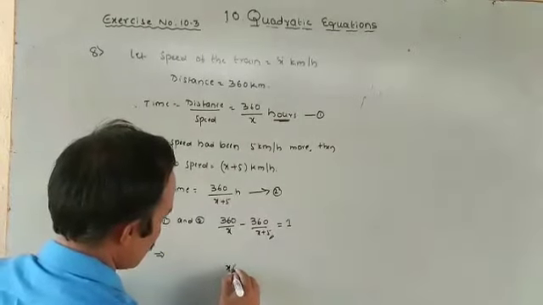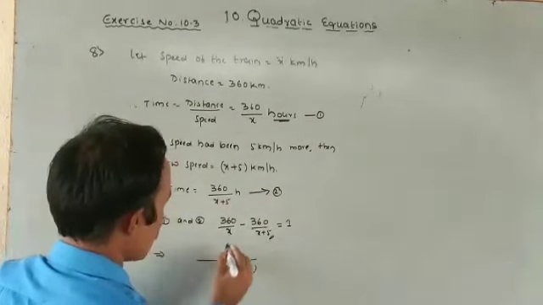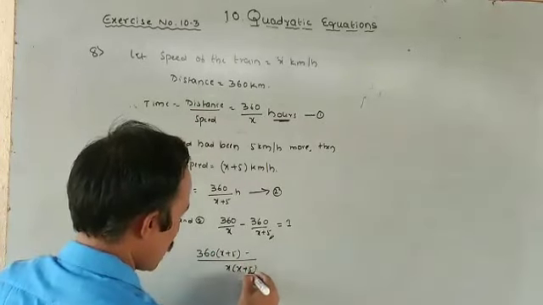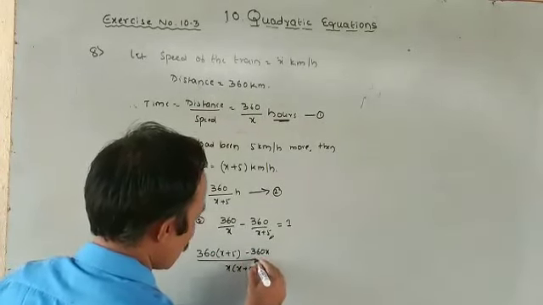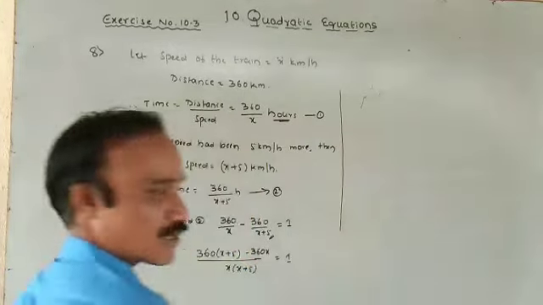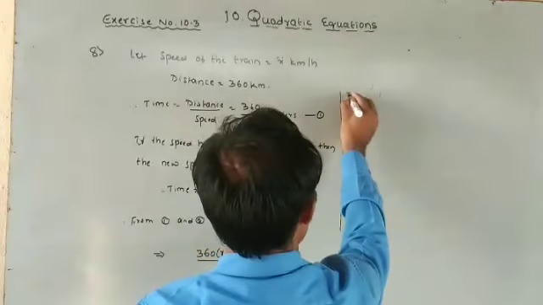But there is no change in the distance. Therefore, again you have to calculate time as 360 divided by x plus 5 hours. So call this one as 2.